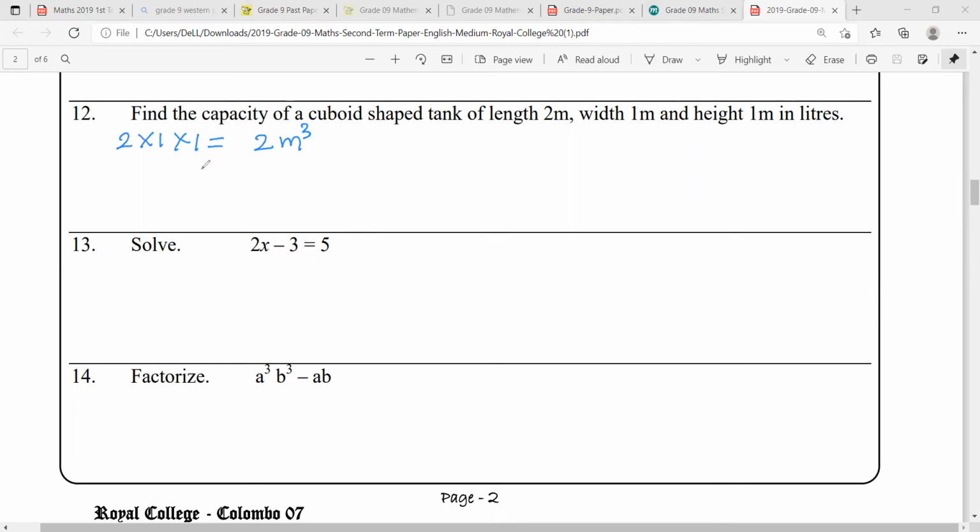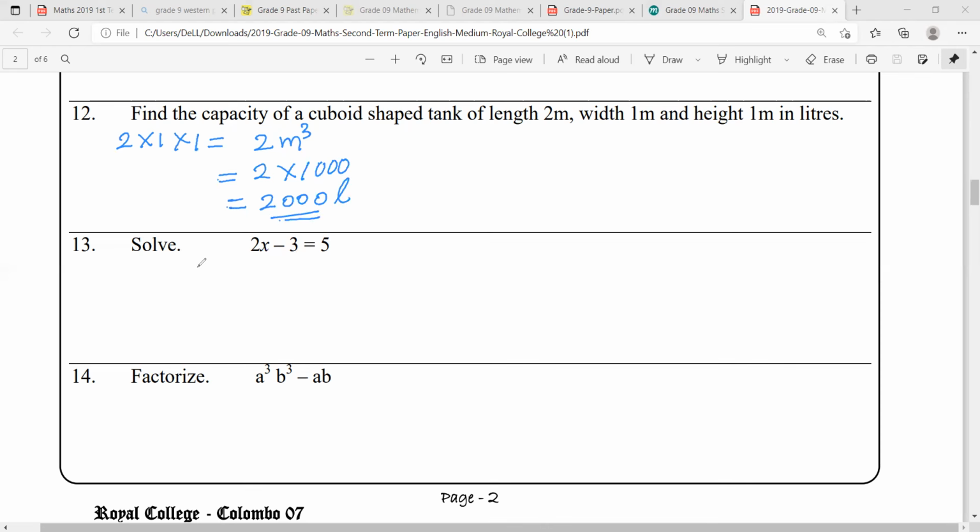Then you have to find this in liters by multiplying by 1000, because there are 1000 liters in 1 cubic meter. 2 into 1000 is 2000 liters.